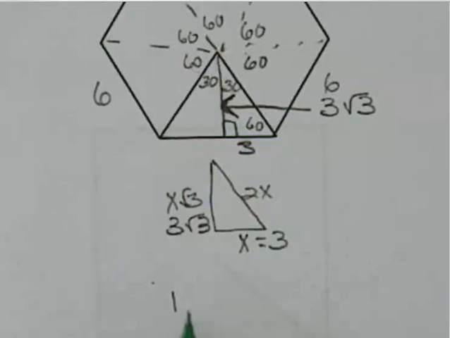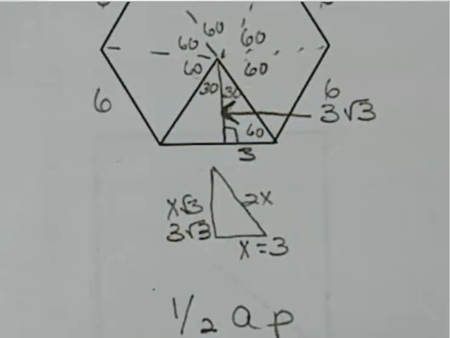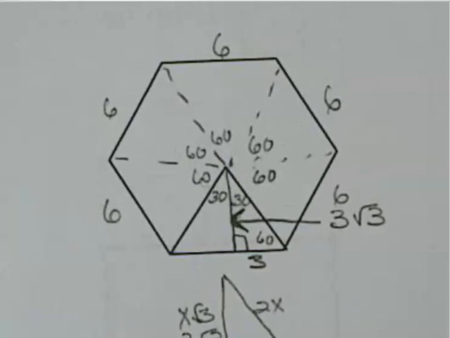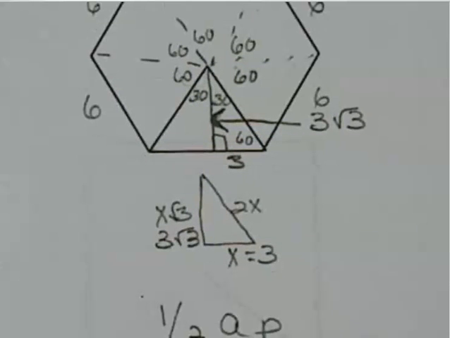So your formula is 1/2 AP. The apothem we already said was 3 square root 3, and your perimeter, we counted 6 all the way around, makes 36. So 1/2 of 36 is 18. 18 times 3 square root 3. Whoops.